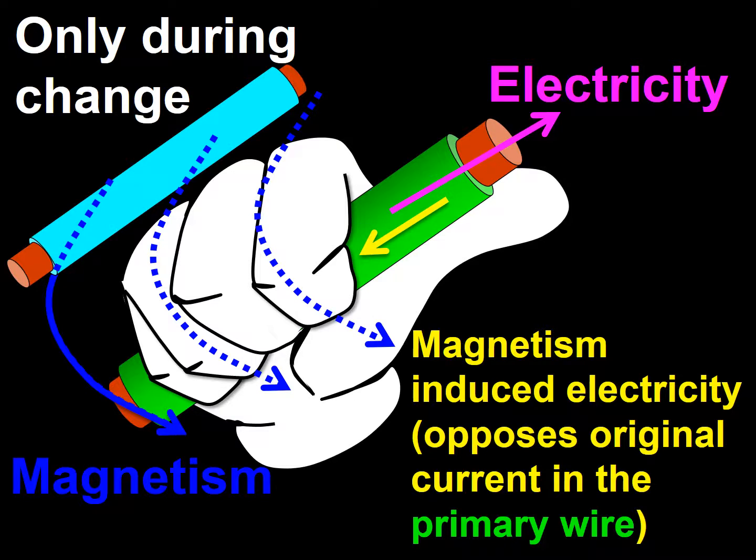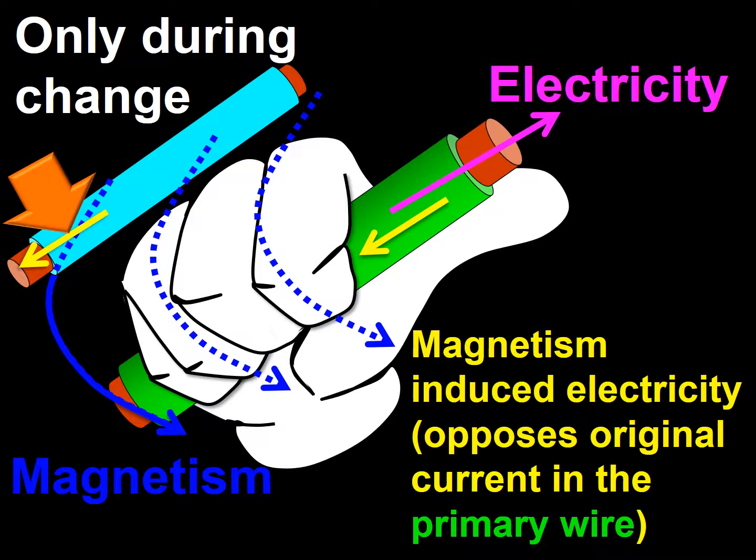In addition, if a second wire is brought adjacent to the wire originating the magnetic force, the second wire will also develop a current. This current will result from the electromotive force produced by the magnetic force on the second wire. The electromotive force in the second wire will occur in two situations.